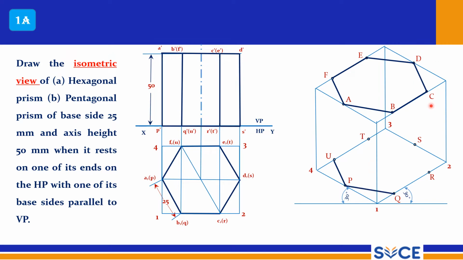You can connect the top face, so it is the iso hexagon. Now connect the outermost points: F to U, U to P, P to Q, Q to R, R to C. F to U should be a thick line, A to P a thick line, B to Q a thick line, and C to R a thick line. There is no need to connect T to E or S to D. These two can be left.